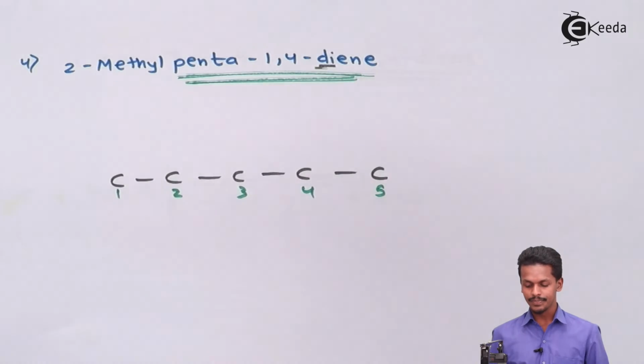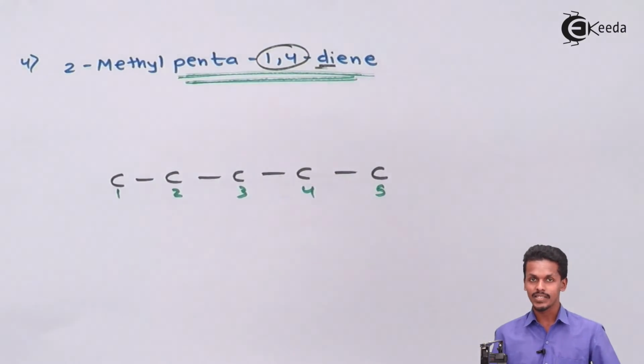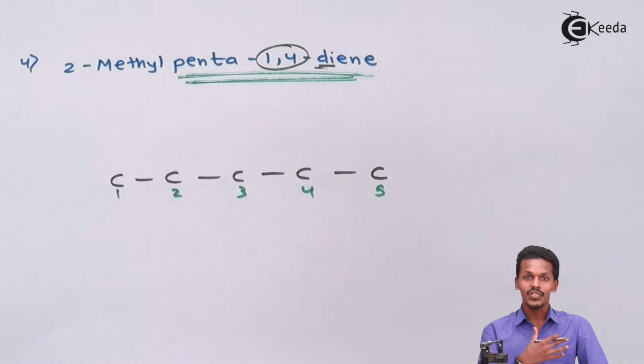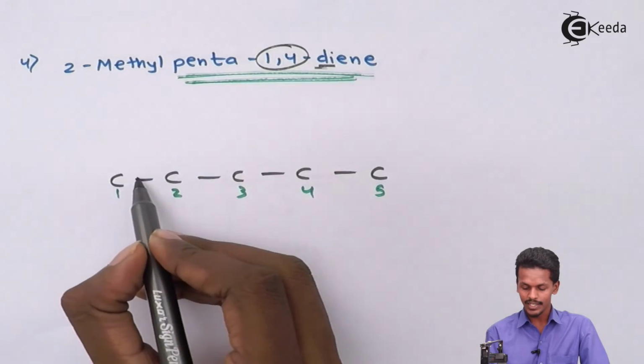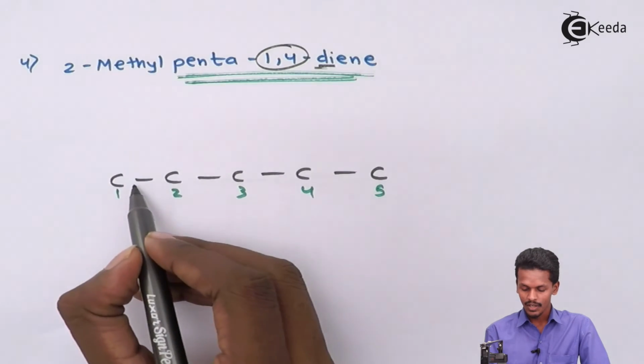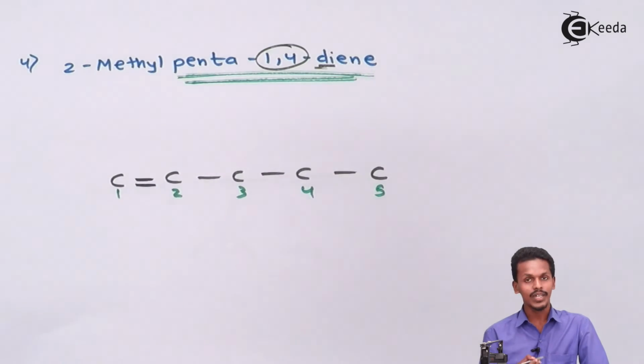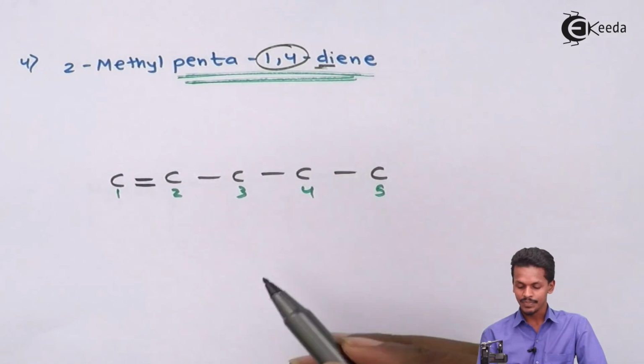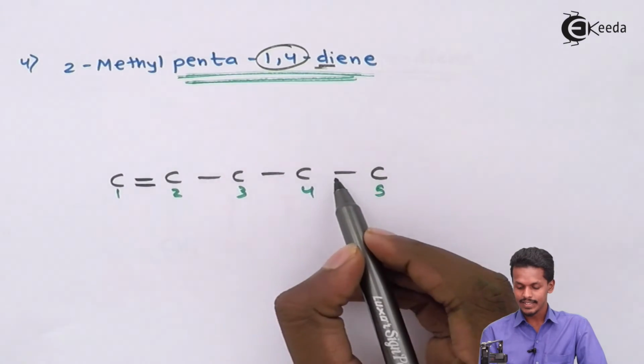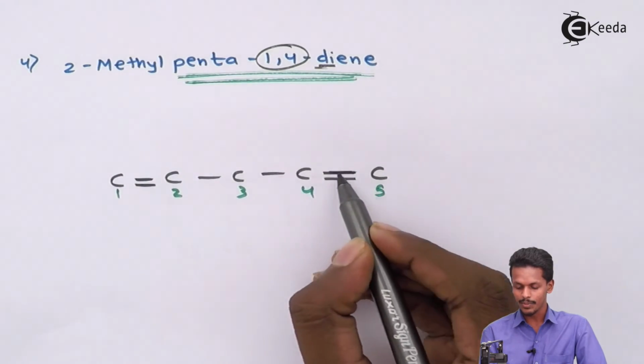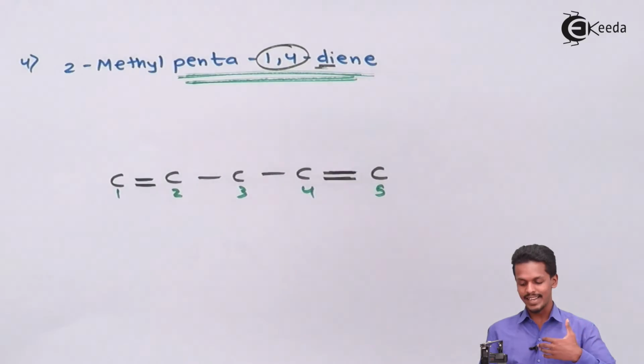And I could see that as this name suggests, at carbon number 1 and carbon number 4 the double bond is present, or from which the double bond starts over here. So I could write it over here as carbon number 1, and between carbon number 1 and 2 a double bond is present, and carbon number 4 indicates that the double bond starts from carbon number 4 and ends with 5.